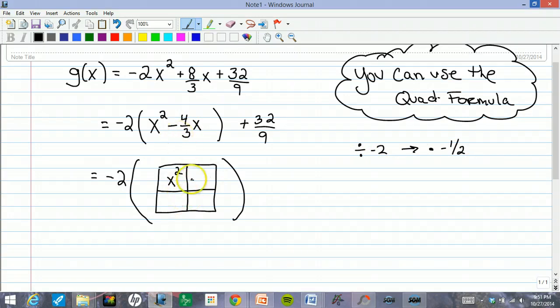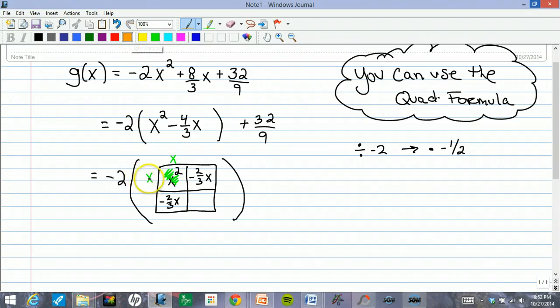We have to split it up into 2 regions. Just think about this. Negative 4 thirds x cut in half is negative 2 thirds x. This is negative 2 thirds x. So now we look at the dimensions. X by x gives you x squared in here.